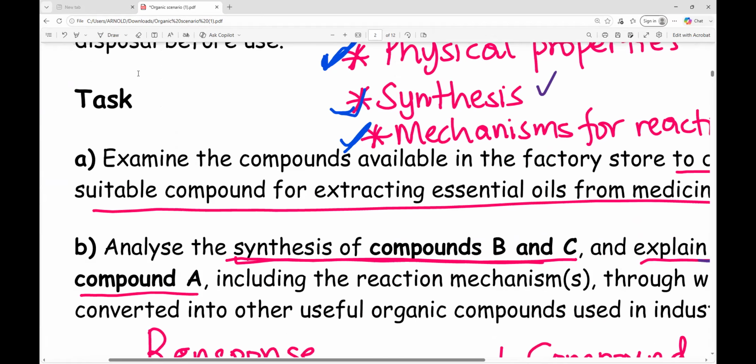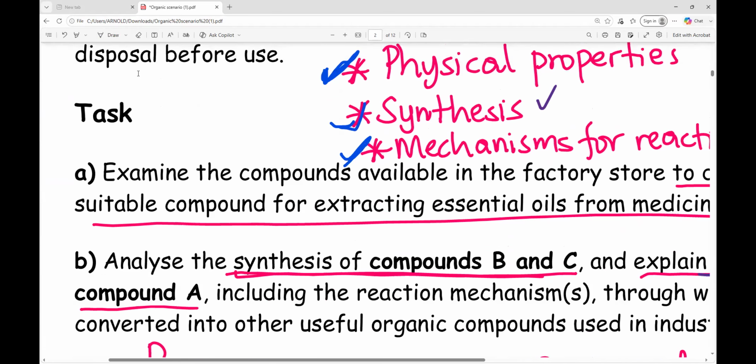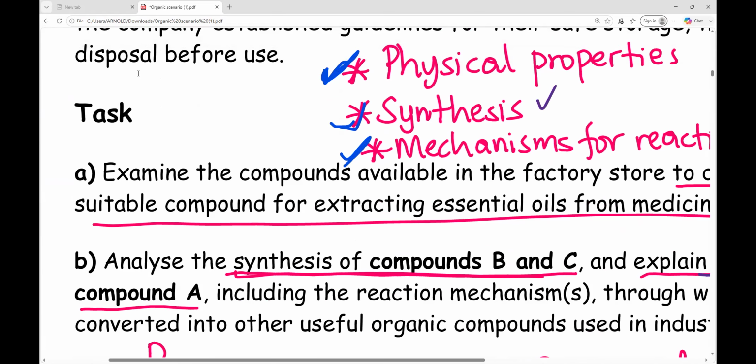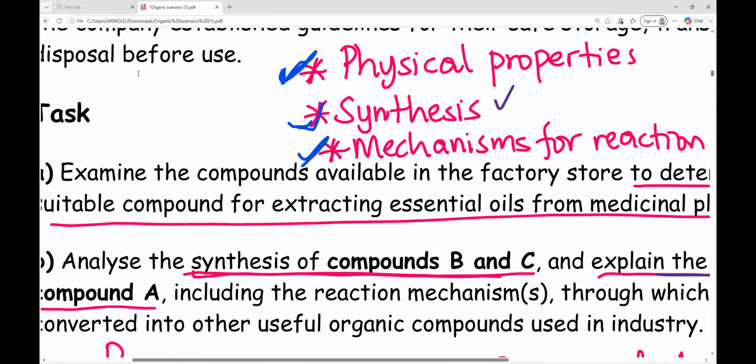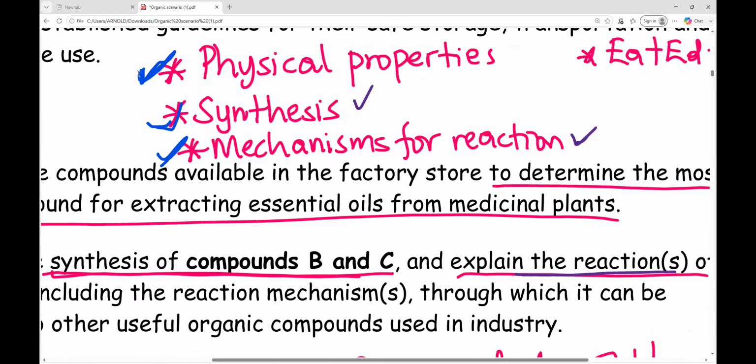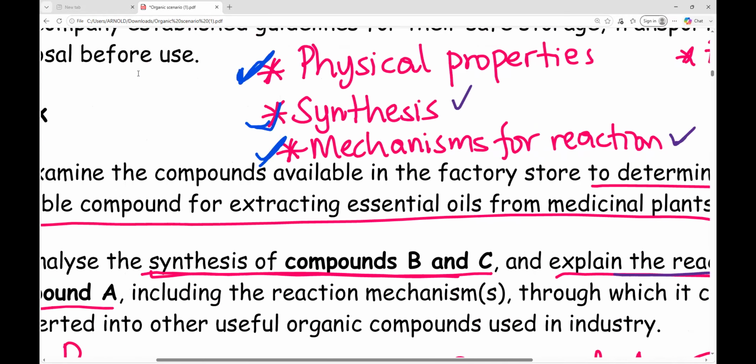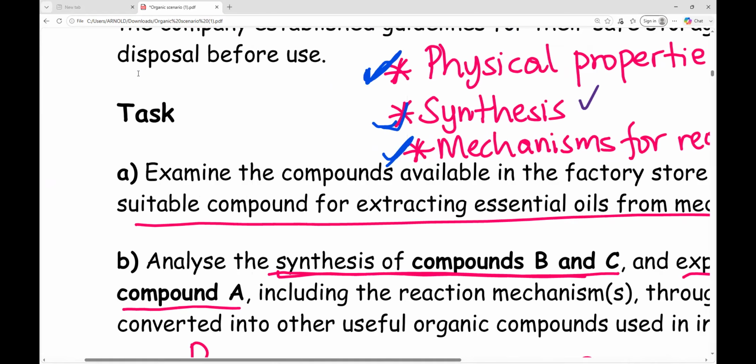Like here, you see in our tasks, they have told us analyze the synthesis of compounds B and C. You see, they want synthesis of B and C. So that is direct. Then explain the reactions of compound A, including the mechanisms. So you have to outline mechanisms for the reactions of compound A.